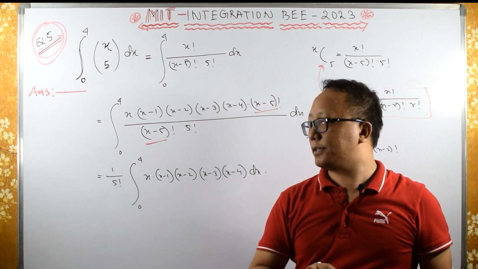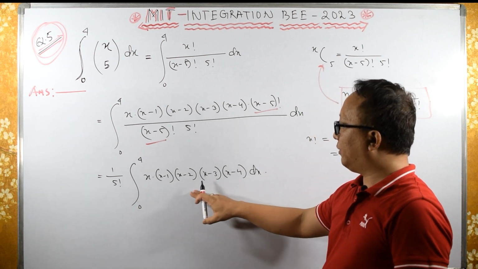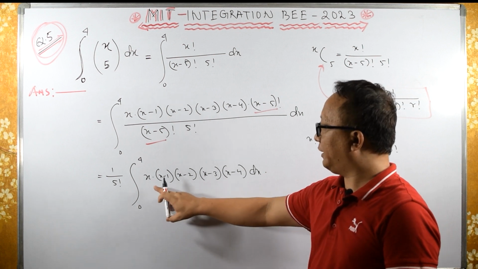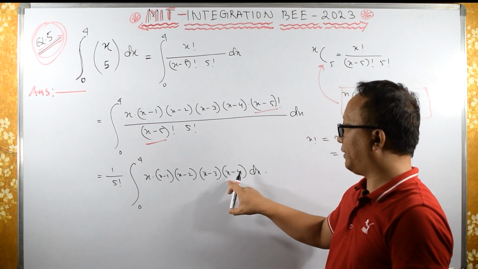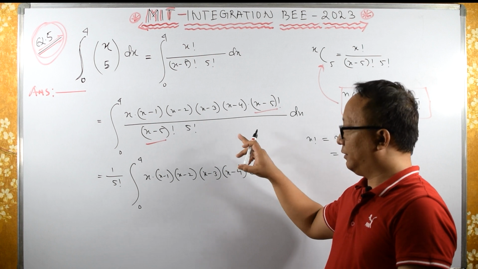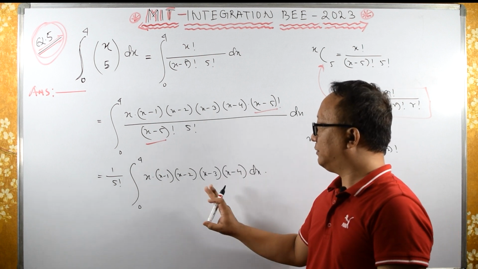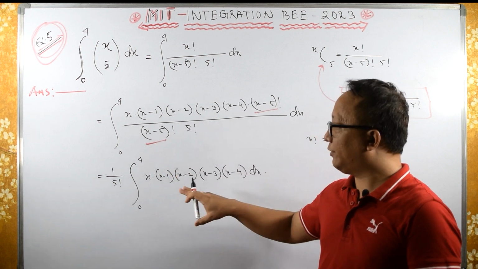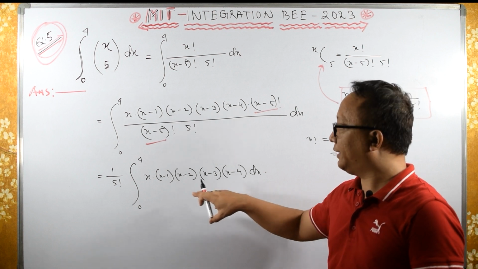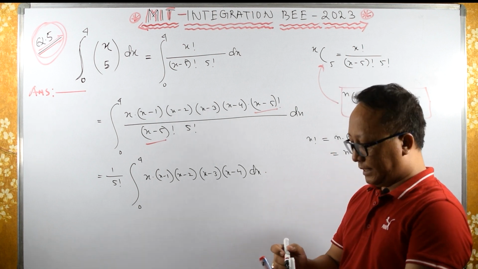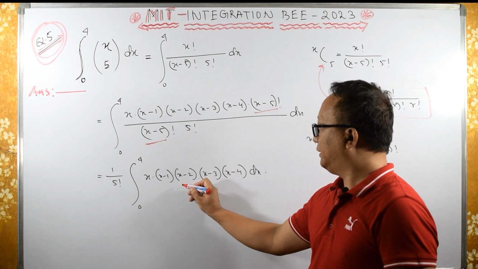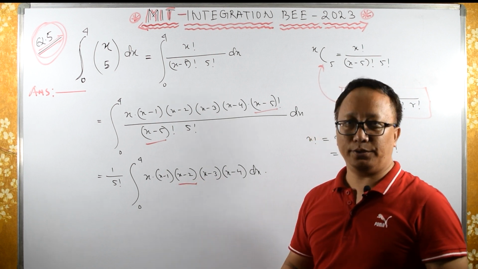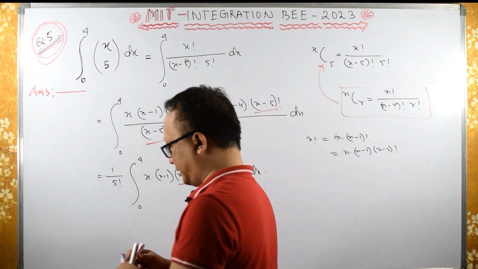You have one option, though it will be somewhat lengthy. You will get x raised to the power 5, and then you can integrate linearly. Otherwise, I will substitute this x minus 2 as u. So let's see how it works.